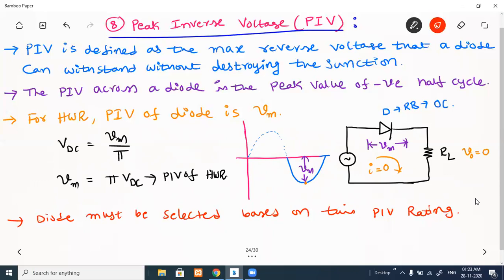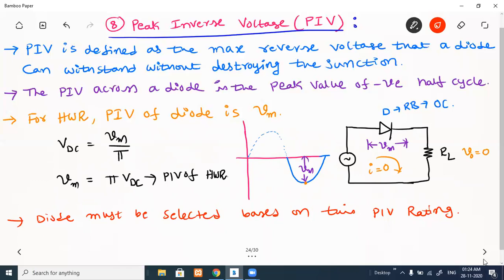So suppose we are selecting a diode which is less than this PIV rating, then the diode may get damaged. Why? Because in the negative half cycle, all the input voltage must be dropped across the diode. So we must select the diode based on this PIV rating.